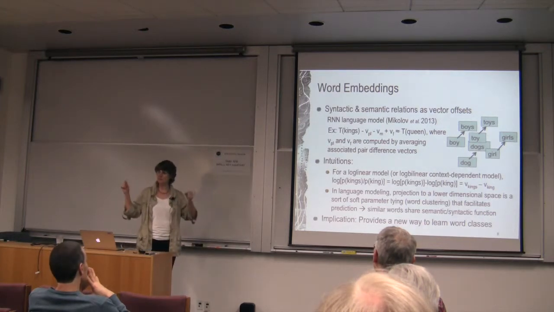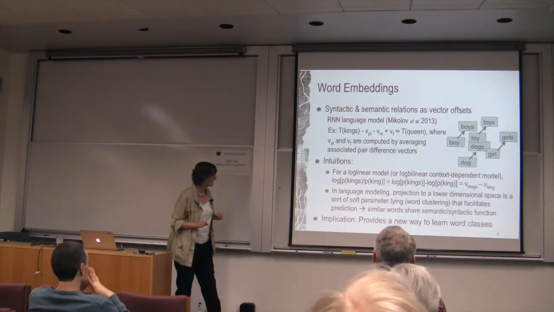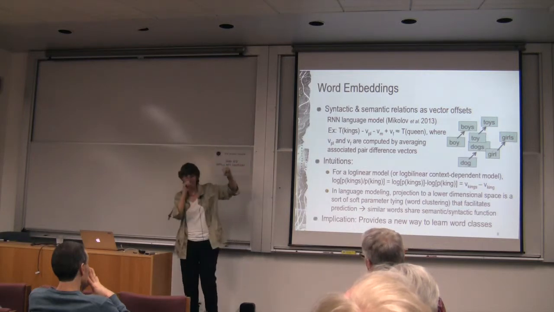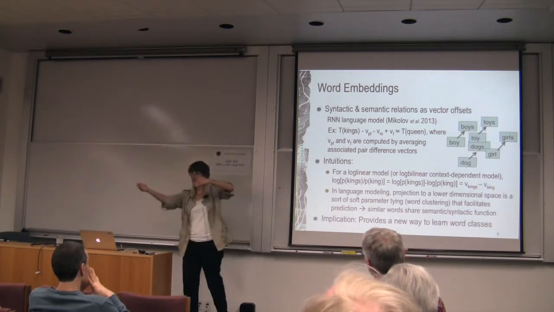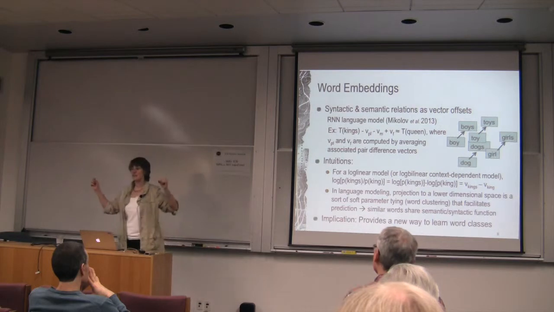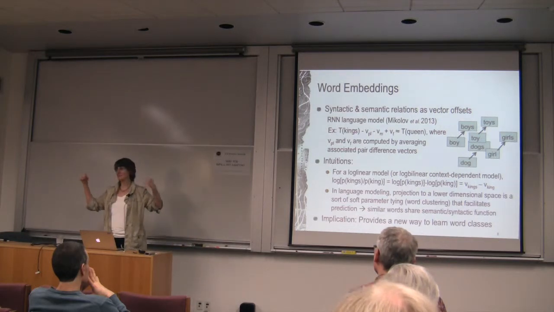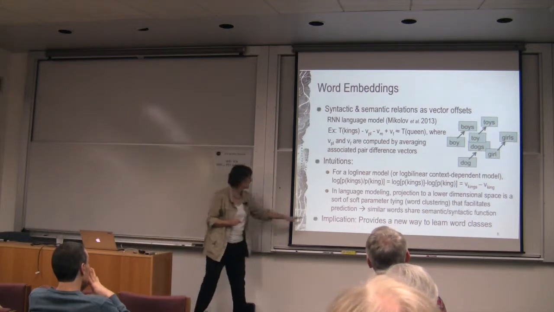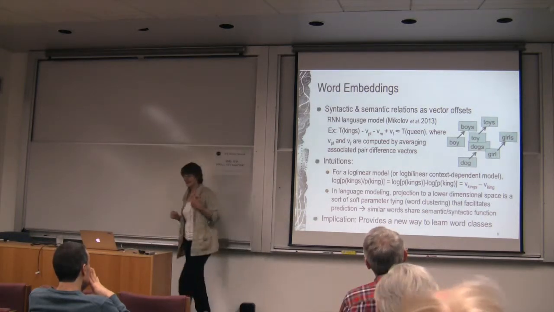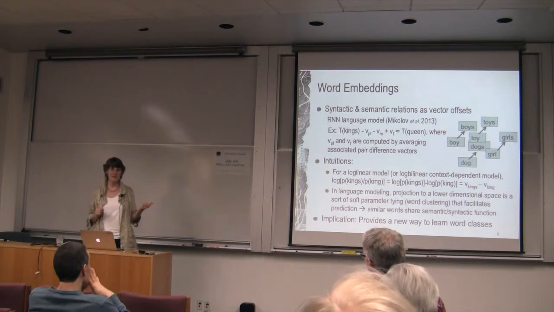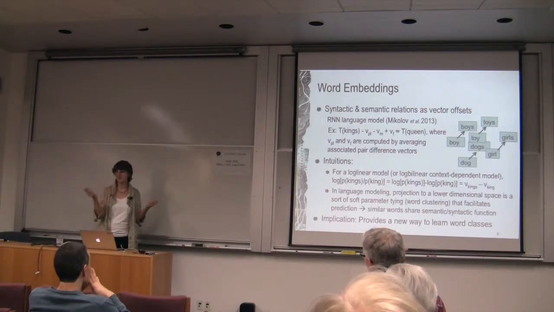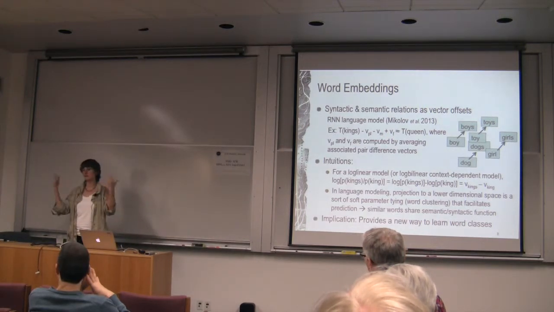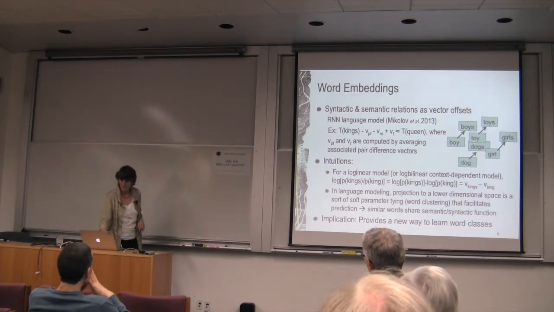So you're learning similarities of words, and those similarities, because you're predicting the next word in language modeling, are similarities in terms of both syntactic and semantic function. Okay? So the implication here is it provides a new way to learn word classes. So this has implications not just for language modeling, but also for learning features for text classification problems.